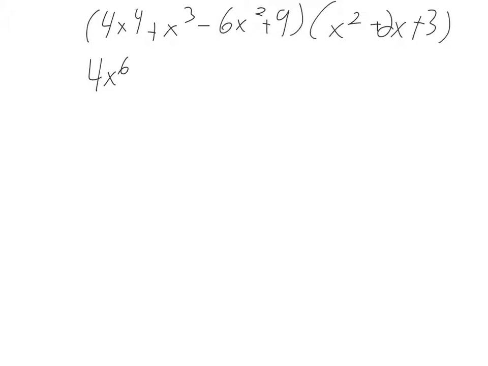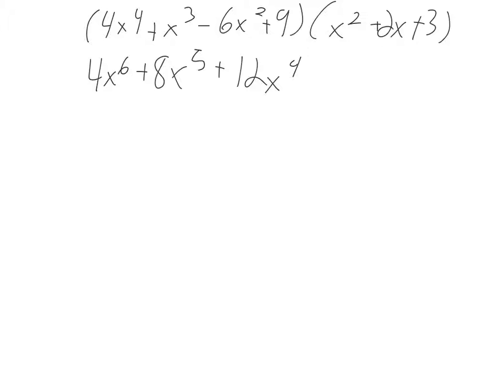Now we're going to multiply 4x to the 4th times 2x, which is going to be plus 8x to the 5th. And finally, we're going to multiply the 4x to the 4th times 3, and we're going to have plus 12x to the 4th.